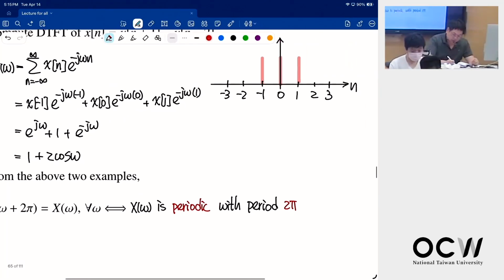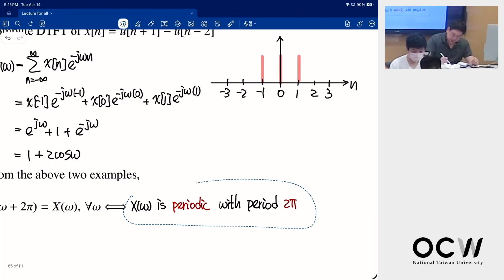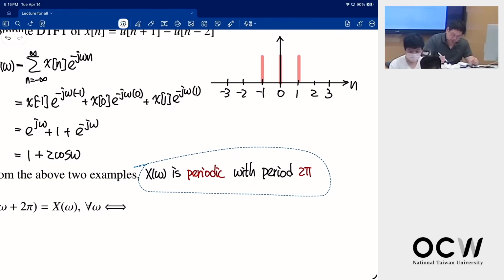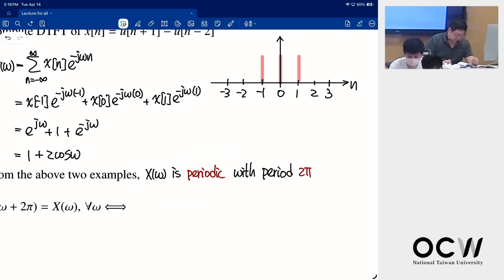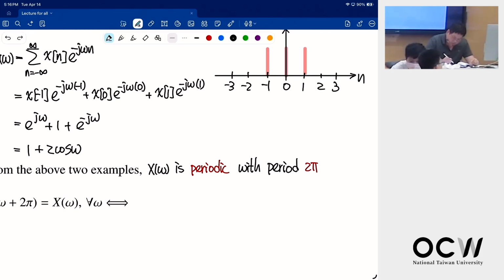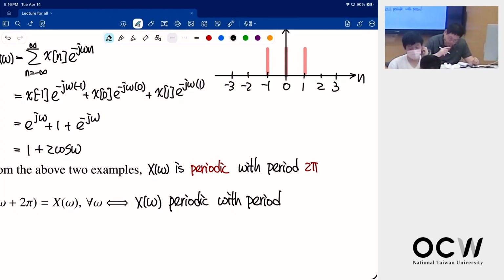So X of omega is periodic with period 2 pi.